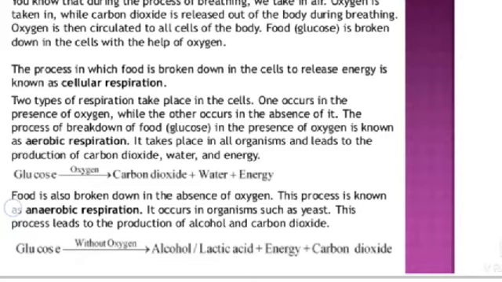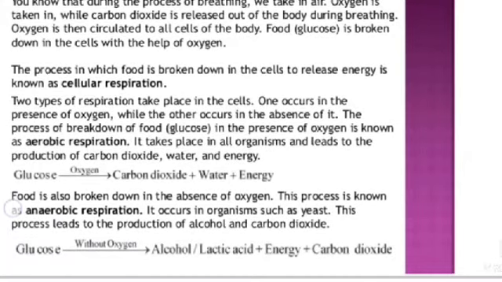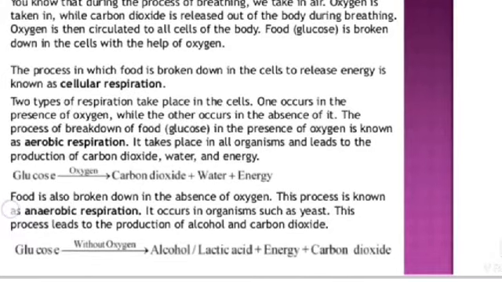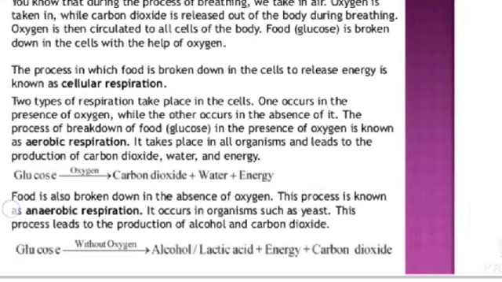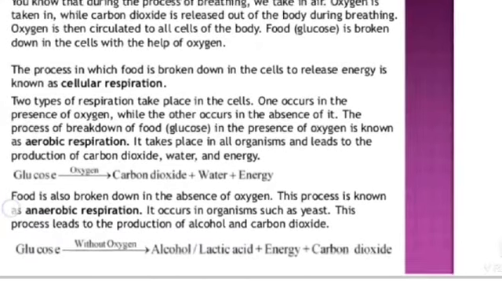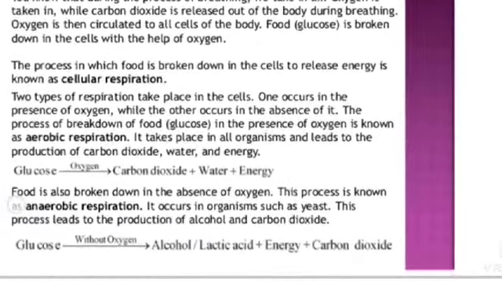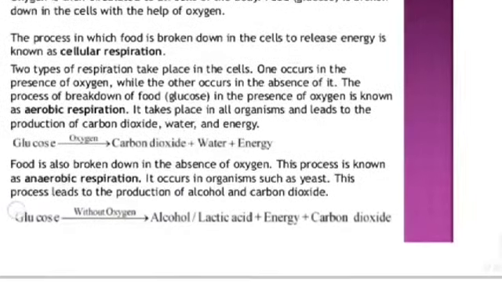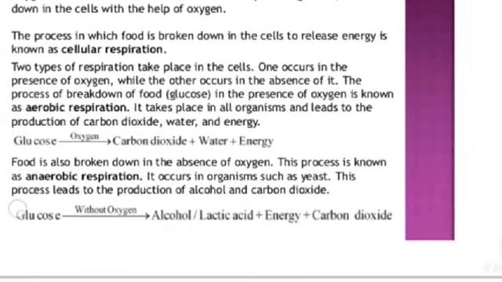Two types of respiration take place in the cells. One occurs in the presence of oxygen, while the other occurs in the absence of it. The process of breakdown of food, for example glucose, in the presence of oxygen is known as aerobic respiration.